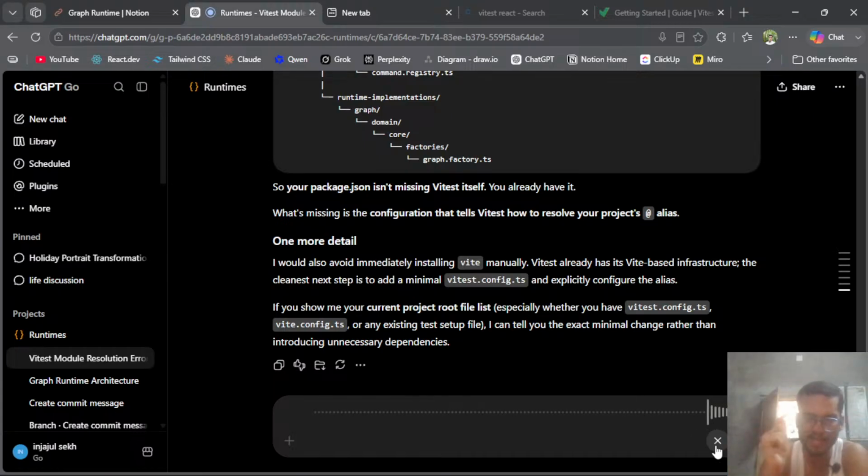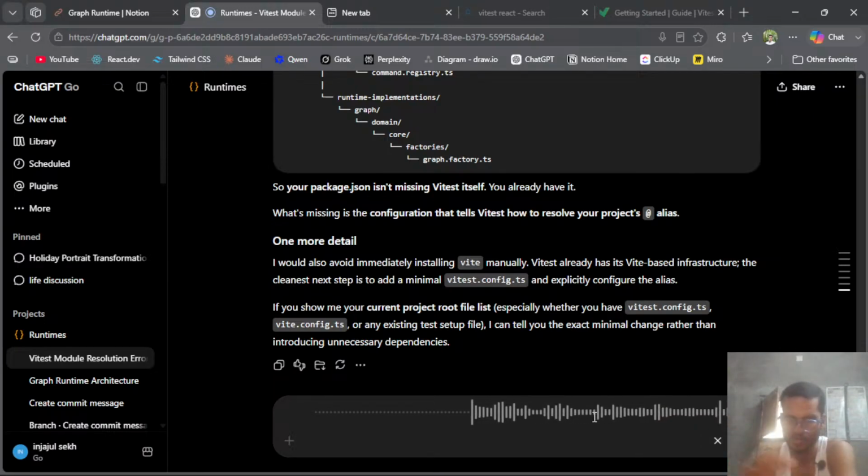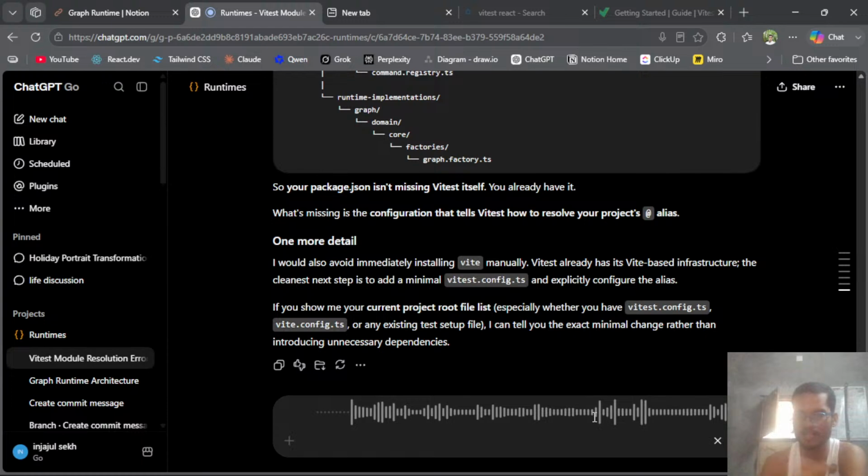Right now I added this one. So what do you think of it? Can you fix it if you find any issue, so that it works for my entire code base and can understand the alias?